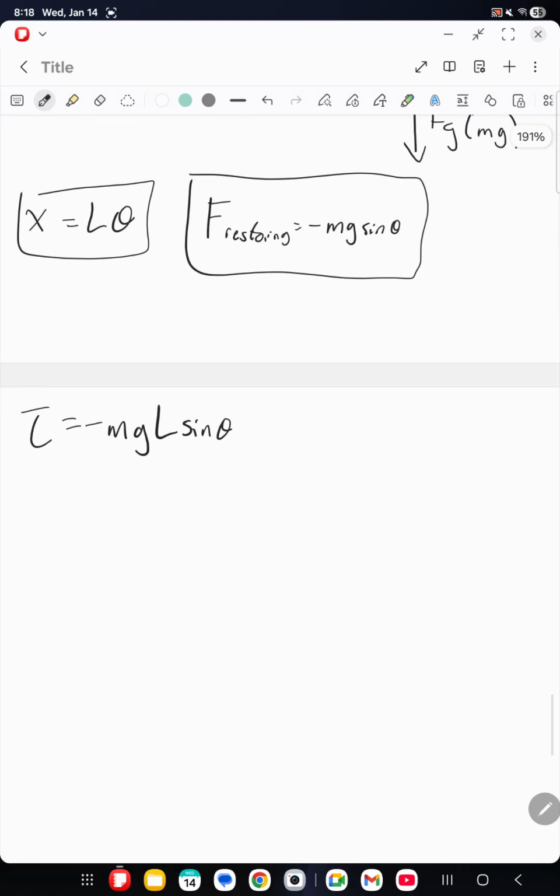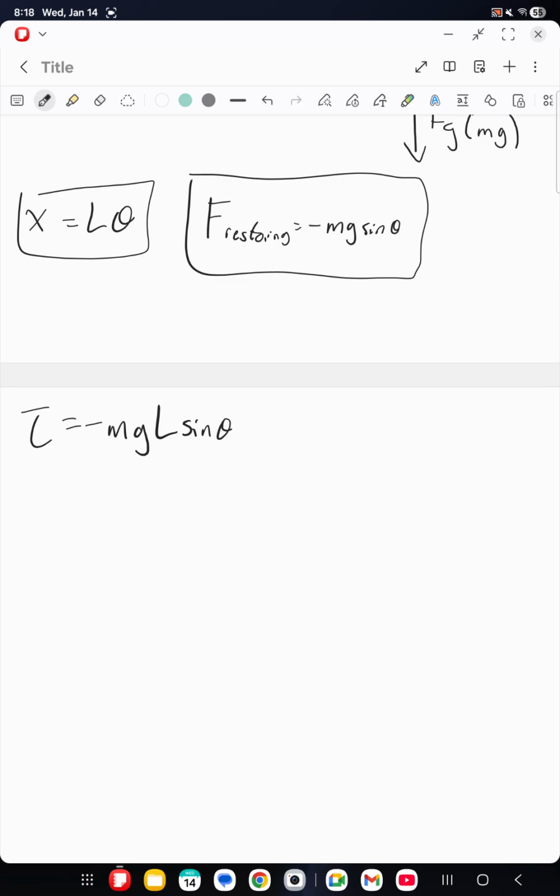So we'll have torque, which is the rotational analog of force, equal to negative mg times L sine of theta, right? Because L theta is our x, and mg will be our force.